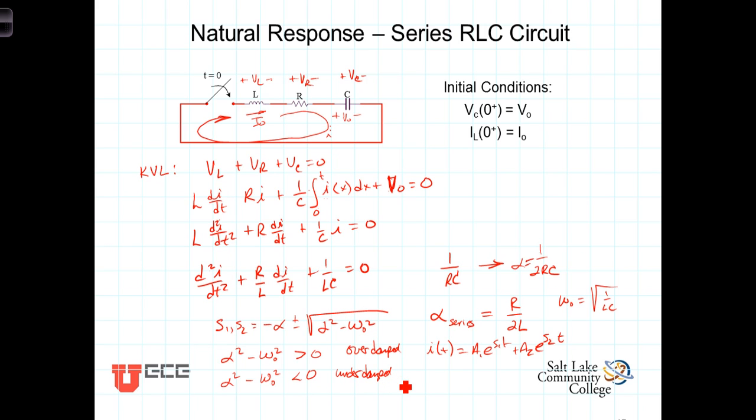And once again, we're going to have the form of the equation be I of t equal to e to the minus alpha t times b1 times the cosine of omega sub d t plus b2 sine of omega sub d t, where, once again, omega sub d is defined as the square root of omega naught squared minus alpha squared.